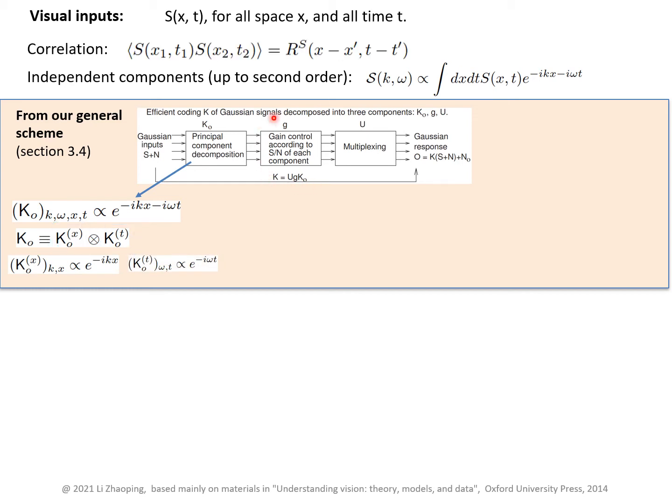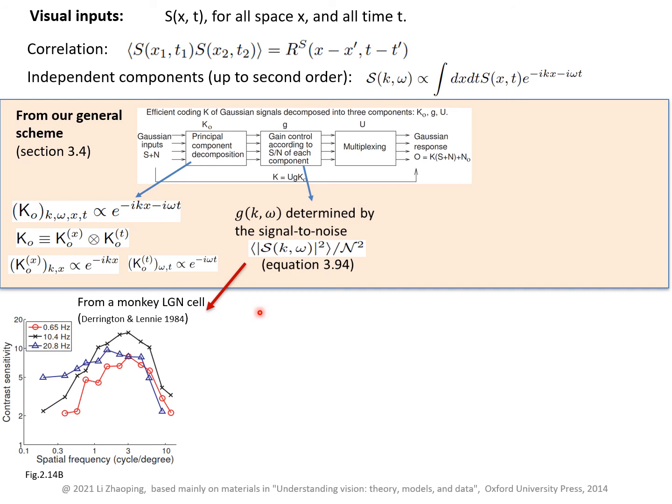In the second step, gain control, we know that the gain is determined by the signal to noise in each Fourier component. And since this signal power decreases with both the spatial frequency k and temporal frequency omega, this gain function should be unimodal in both the spatial and temporal frequencies, as illustrated in these data from example neurons in LGN.